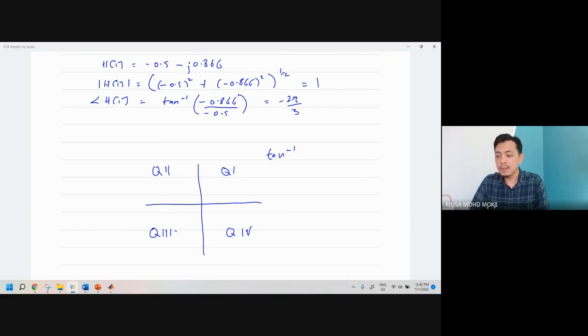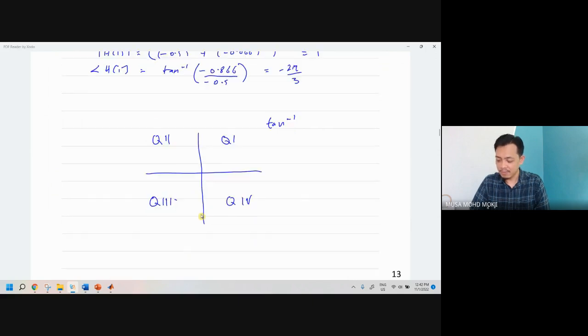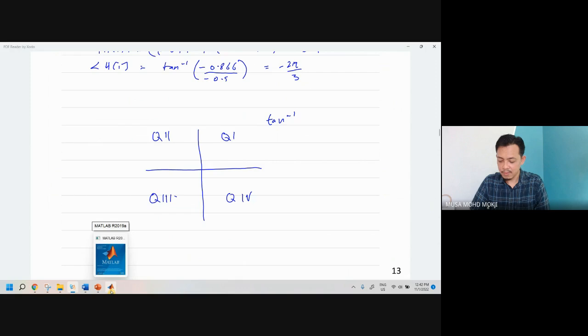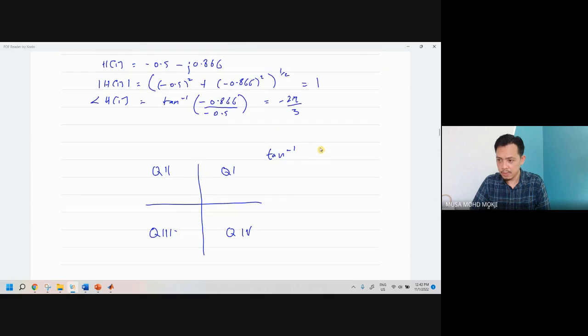Wait, I got plus 60 actually. My MATLAB is too slow to open. Yes, 60 degrees is what in radian? Can you convert that into radian?